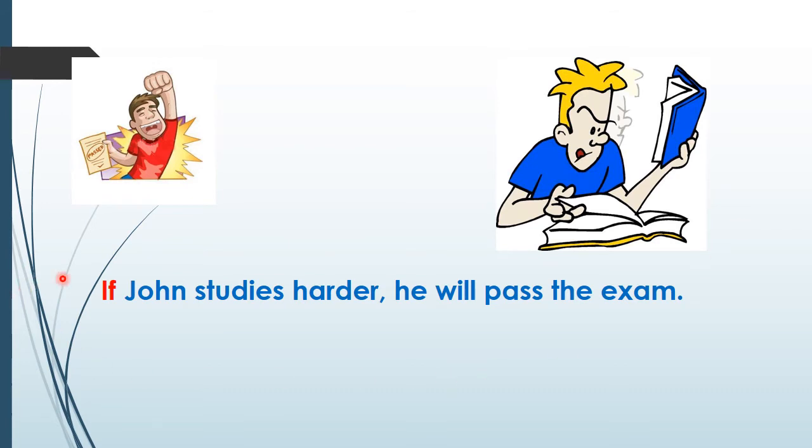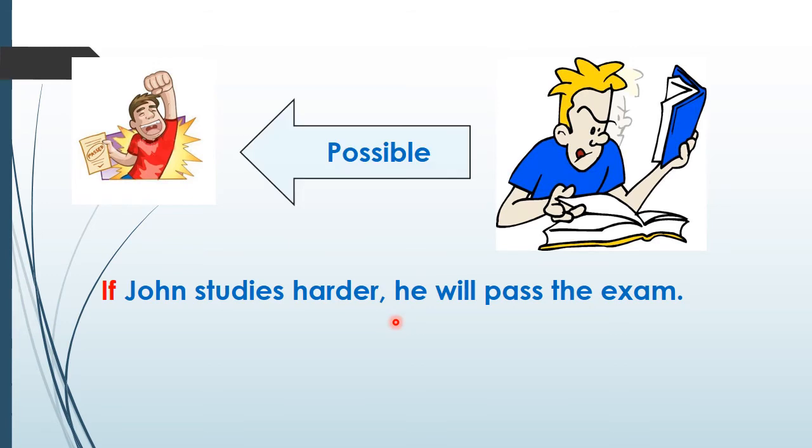Look here, if John studies harder, he will pass the exam. Is it for sure? Does it happen all the time? No, it's only possible. Sometimes you do revise, you do study harder, but you don't pass the exam. Maybe there were some tricky questions and you did not find out how to solve them.